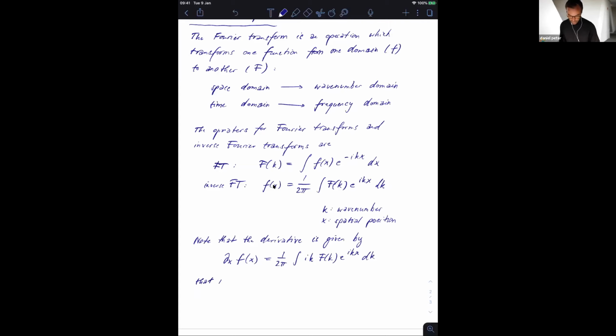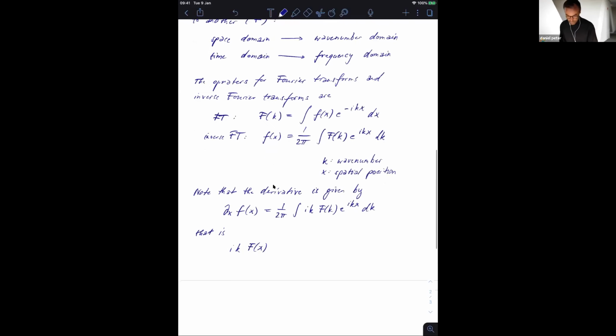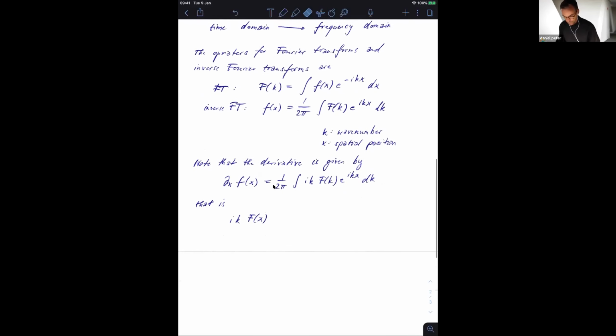So if we write that a little bit in a different form, we can see that the derivative in the wave number domain is simply multiplying by ik, of, sorry, that's F of k, for our wave number domain function. This is equivalent to taking the spatial derivative of our function in the space domain.